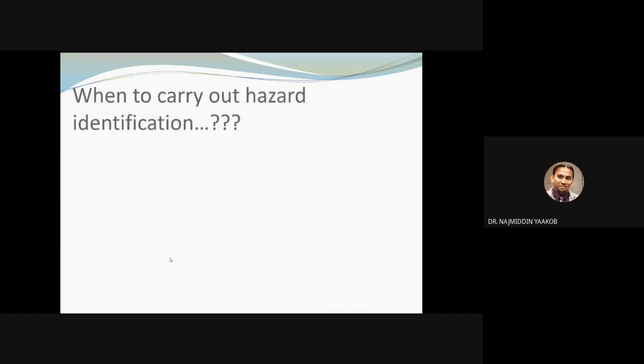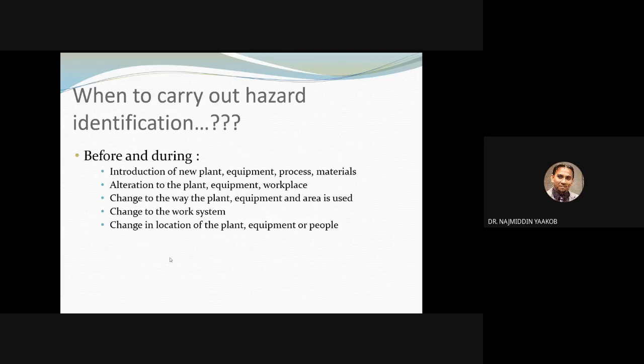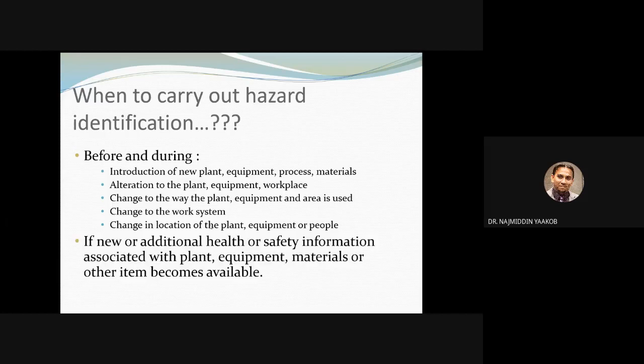When do we need to carry out the identification? Before introducing a new plant, equipment, process or material, alteration to the plant or equipment, change in the way of the plant, change in the work system, or if there are any changes during the plant or before you start the plant, you need to identify the hazard.